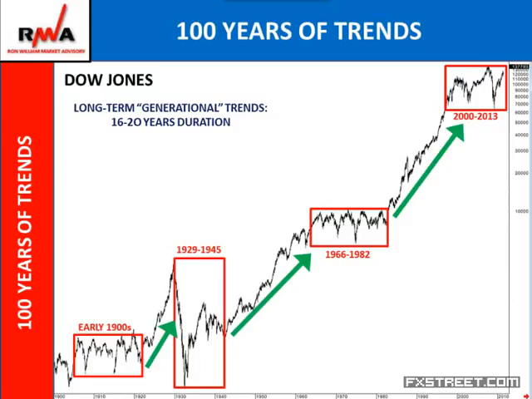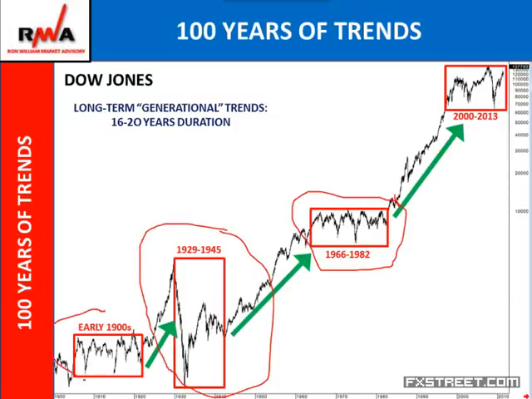And of course, during that time, the market can be very volatile, as it was during the prior sideways market of 1966 to 1982. These markets are very extreme, but let's just say 1966-82 is probably the better comparison in price terms.